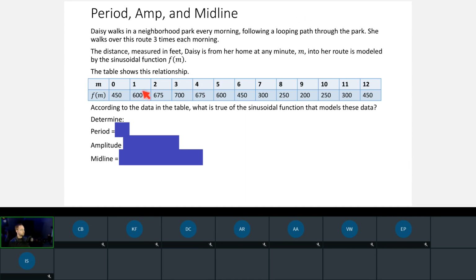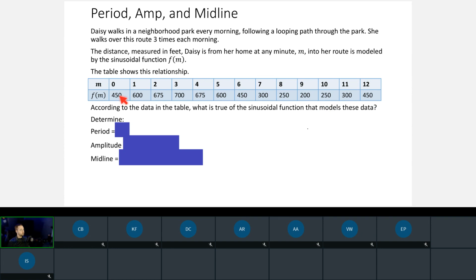All right, so from 0 to 6, so then 450, and then it keeps going down, down, down, and then it goes back up again, back up, and then back up to 450. And then looks like at 450, so it goes up, it goes down, it goes back up to 450, and that's where it restarts.